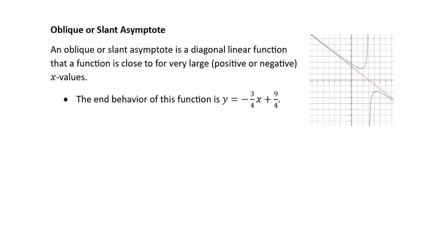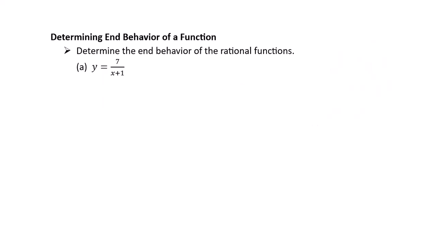The end behavior of this function is as x approaches negative infinity or as x approaches positive infinity, we are getting close to this line of y equals negative 3/4 x plus 9/4. So this is your oblique or slant asymptote.